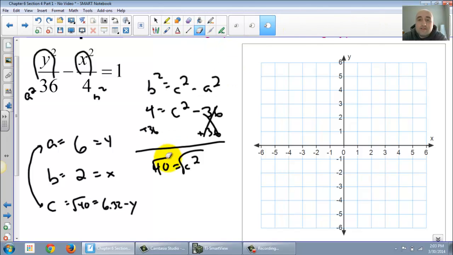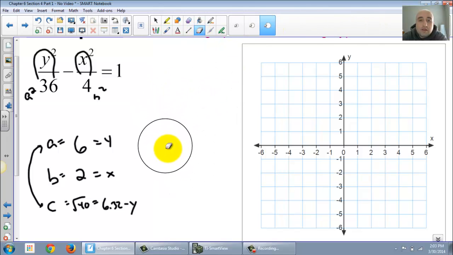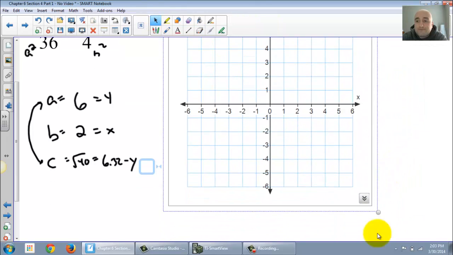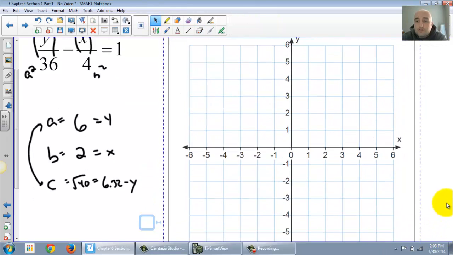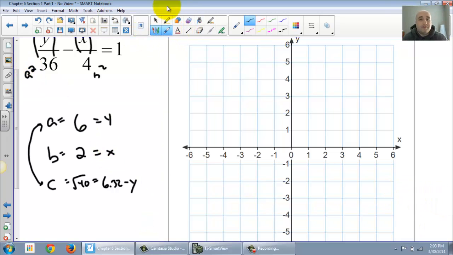I'm going to erase this, and then we should be able to come up with our graph. Our A is 6 and it's on the y-axis, so I'm going to go up 6, up 6 and down 6.